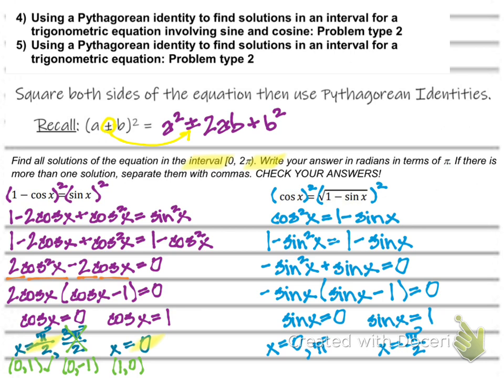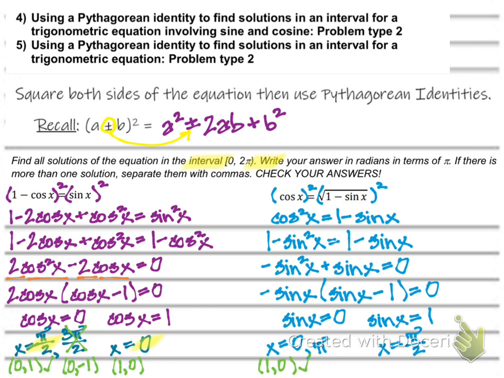Then we've got to check it. So on my unit circle, at 0, my ordered pair is 1, 0. So I'm going back up to my original. I would have a 1 on the left, and on the right, I would have the square root of 1 minus 0, which is 1, right?